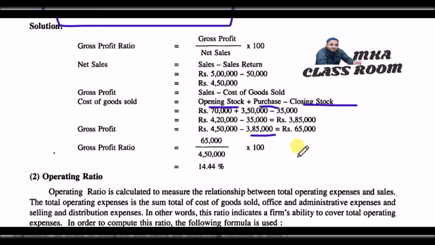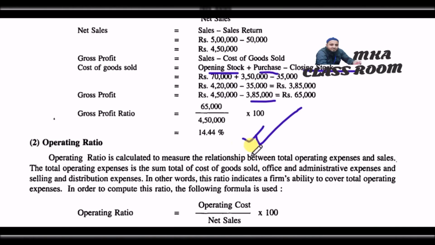Then our gross profit 65,000 divided by net sales 4,50,000 gives our gross profit ratio of 14.44%. So it is clear in this problem.